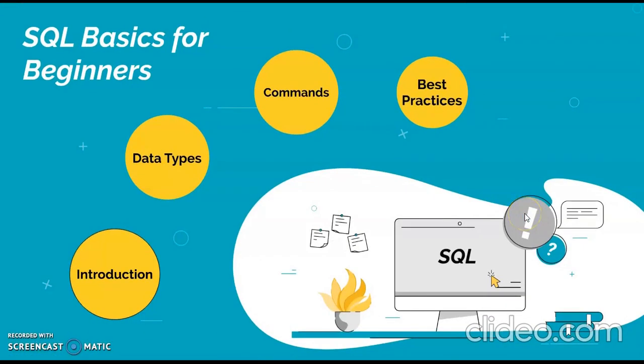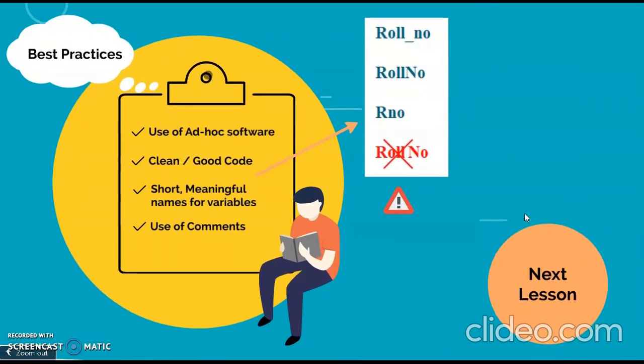Next, what are the best practices that we need to understand while executing SQL queries? I have mentioned only 4 things which are most important. First is use of ad hoc software. Here it means we are going to use Microsoft SQL Server for this series.